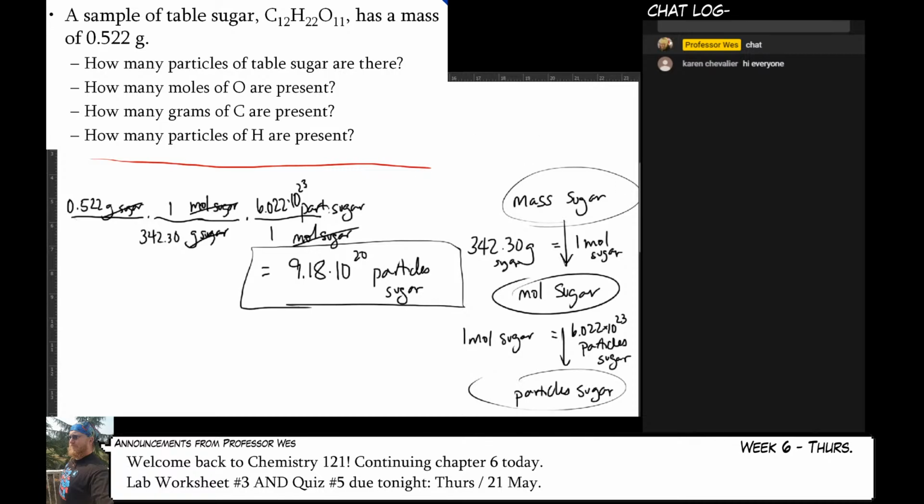How many moles of oxygen are present? So we'll scroll down. We're going to do the same problem that we just did with the same mass of sugar. But now our target is to figure out how many moles of oxygen are in there. And so I'll start in the same spot.